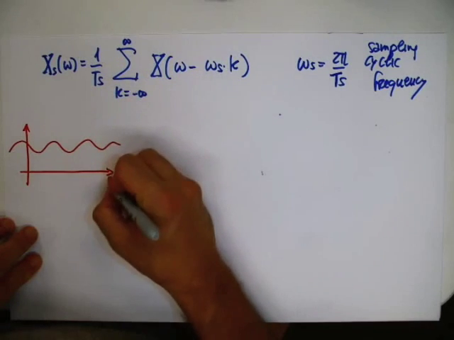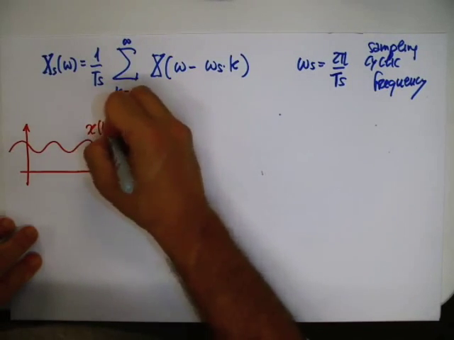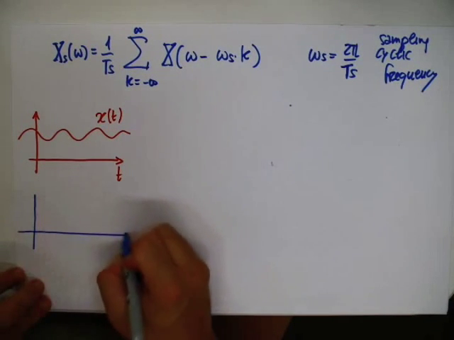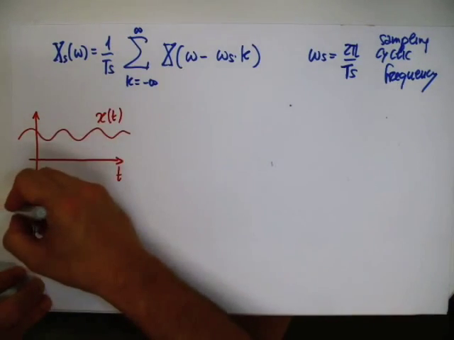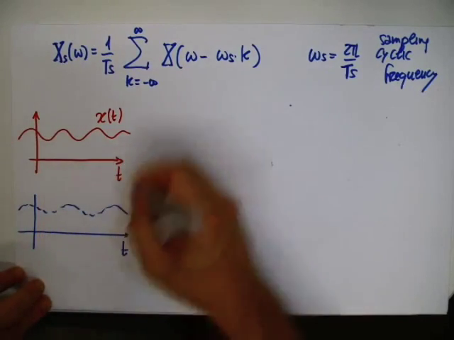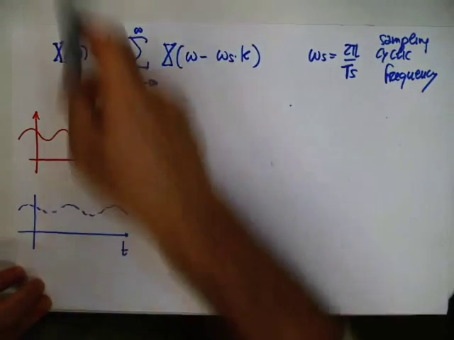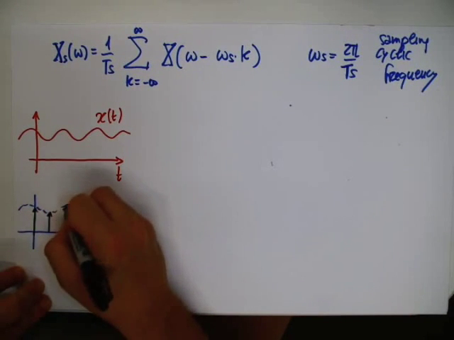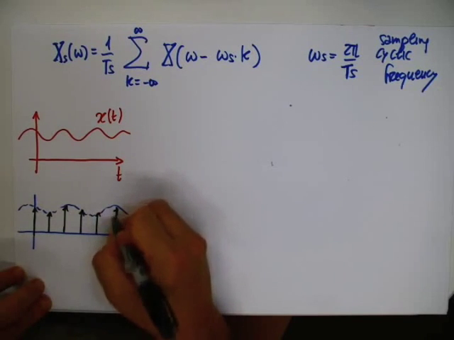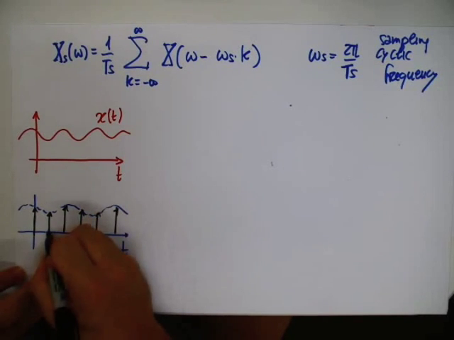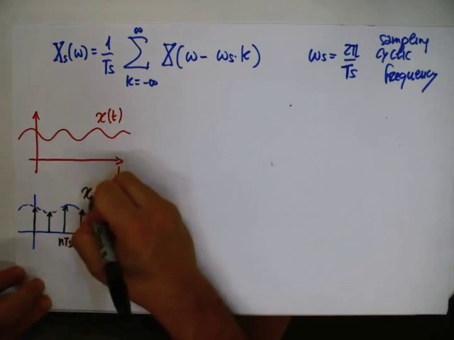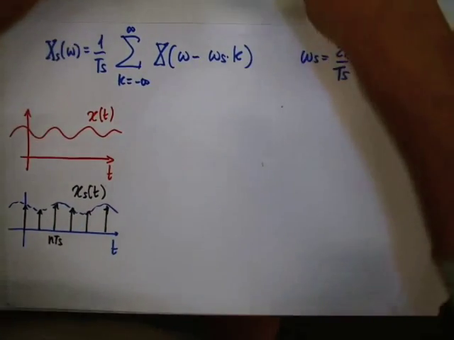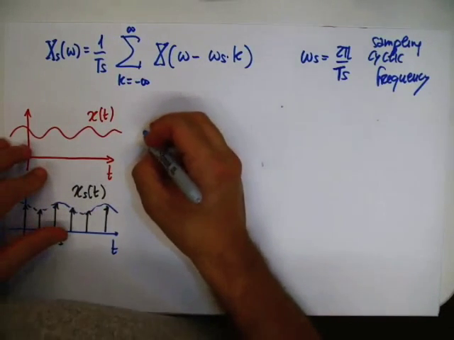And now, in the time domain, here we have the original signal x of t. Then we multiply by the Dirac train, and we get the Diractified signal, sampled every nTs, so this is xs of t, and the corresponding Fourier transform is the following.